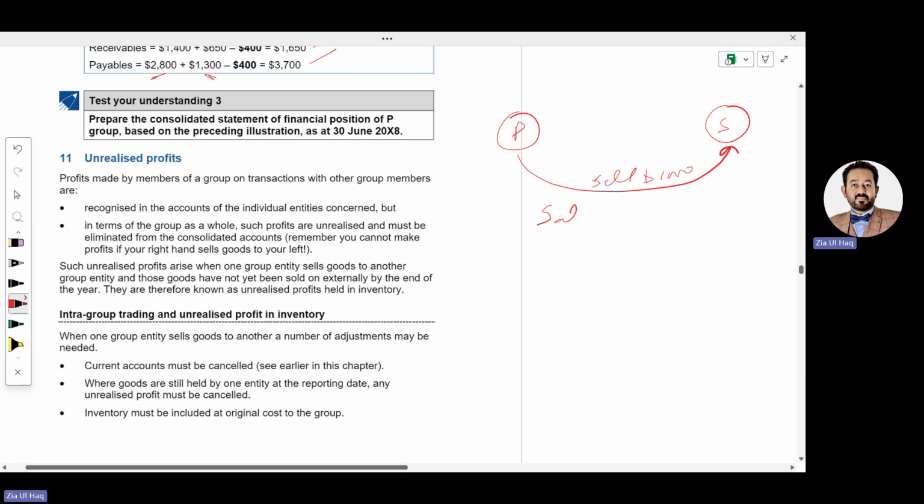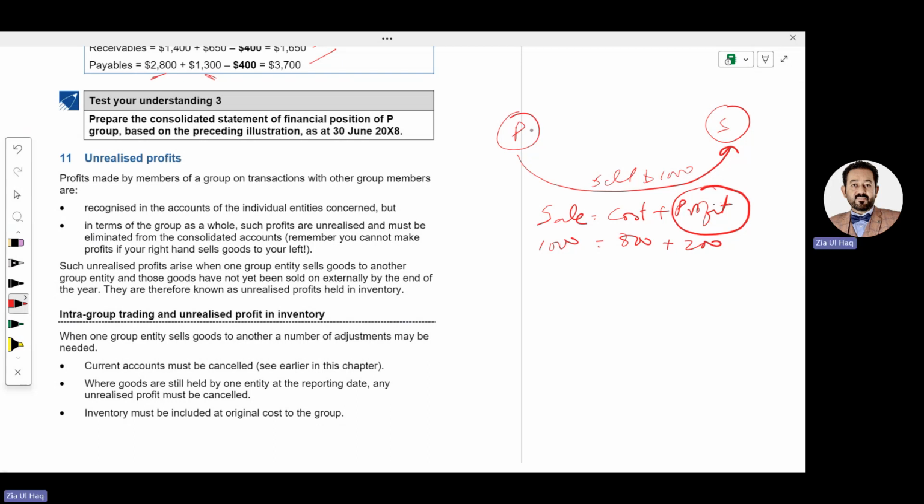And in the sale price, there is a cost as well as a profit, both included. Not only do we need to adjust receivables and payables relating to intergroup transactions, we need to adjust this profit part as well. Suppose the sale is 1,000. The cost is say 800 and 200 is profit.